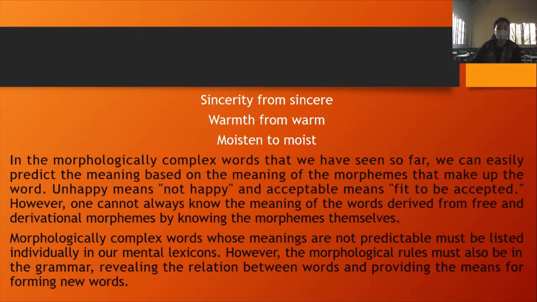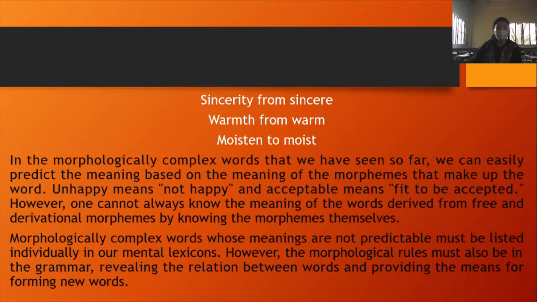In the morphologically complex words that we have seen so far, we can easily predict the meaning based on the meaning of the morphemes that make up the word. Unhappy means not happy, and acceptable means fit to be accepted. However, one cannot always know the meaning of the words derived from free and derivational morphemes by knowing the morphemes themselves.